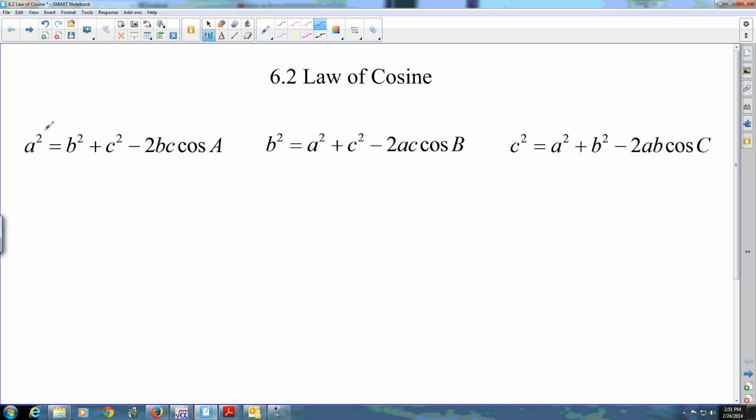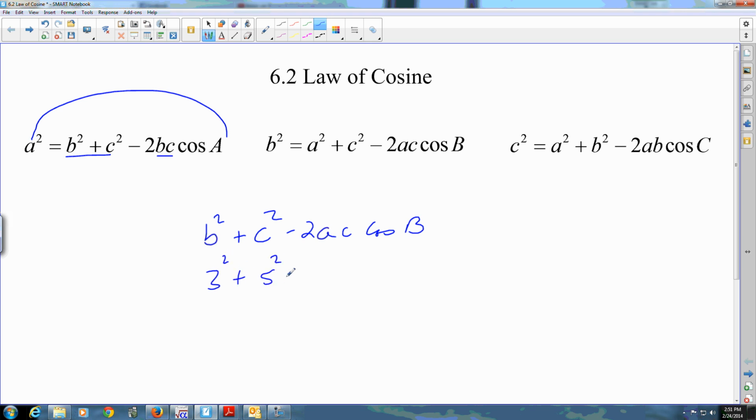So again, this angle and this side are always paired. The other two sides are always here. So most frequently when kids make mistakes and they're filling this out, let's say hypothetically they're using actual numbers, 3 squared plus 5 squared minus 2 times, I don't know, whatever A is, times 5.